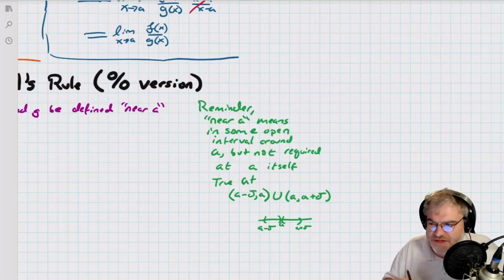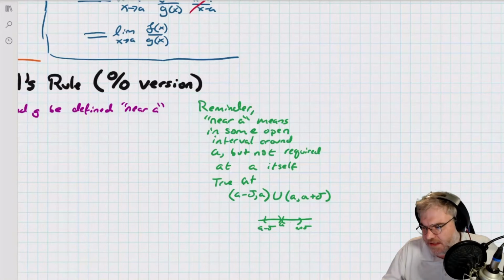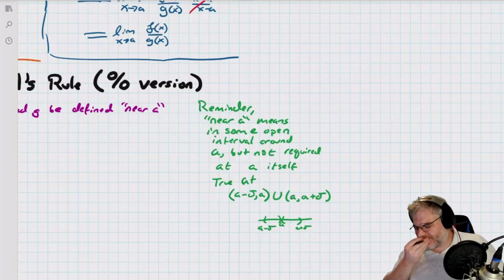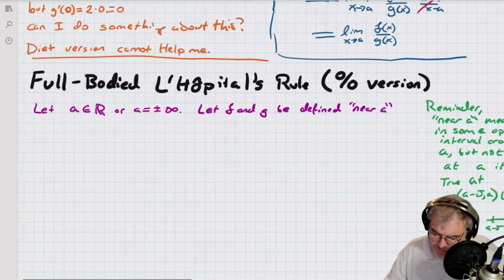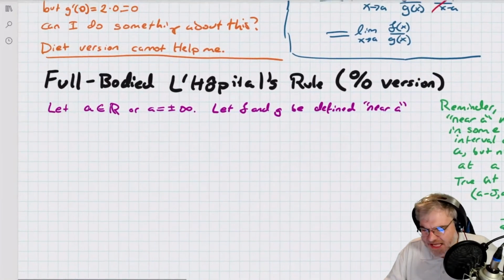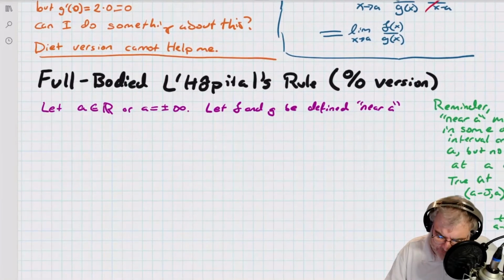All right, and that's somewhat important for this, because this is going to let me go after derivatives where the derivative at a itself is not defined, but it's defined everywhere close to it. Okay, so these are the conditions. I've got a bunch of these, so I'm going to require a little bit more than I did before.